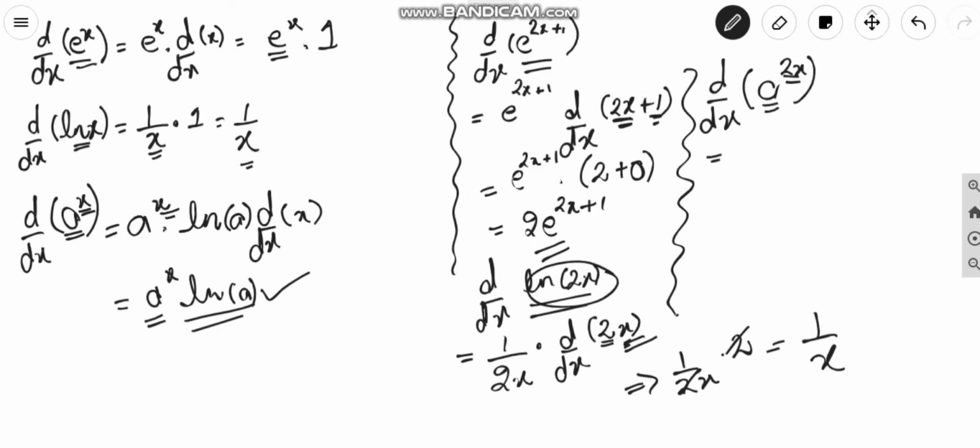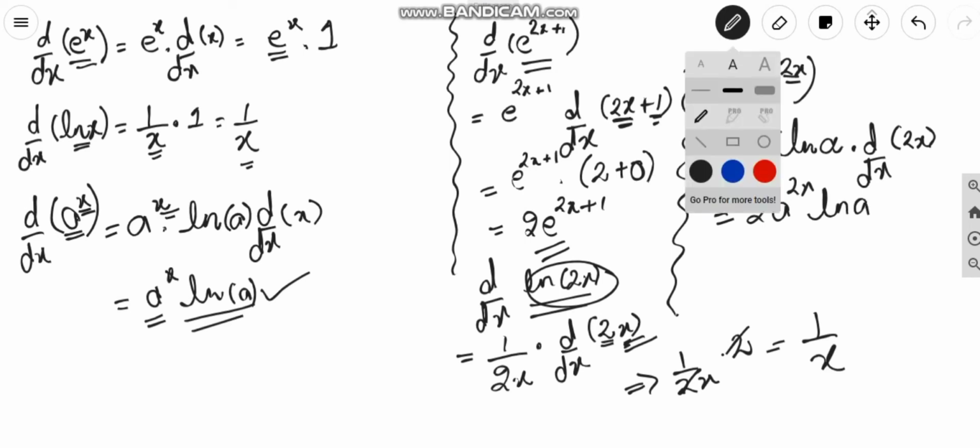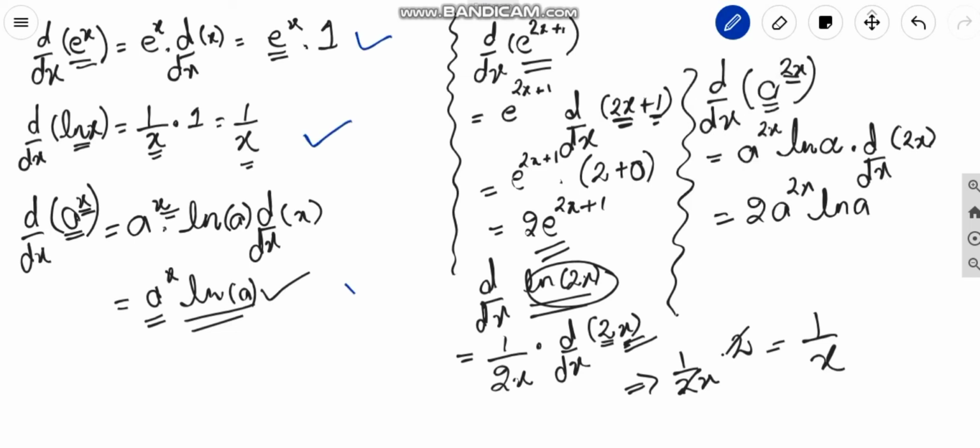So the rule is that our function will remain as it is and we will take the natural log of the constant and the further derivative of the power, that is 2x. The derivative of 2x with respect to x will be 2. So its answer is 2, a powers 2x natural log of a. In this way we can find out the derivative of functions like these.